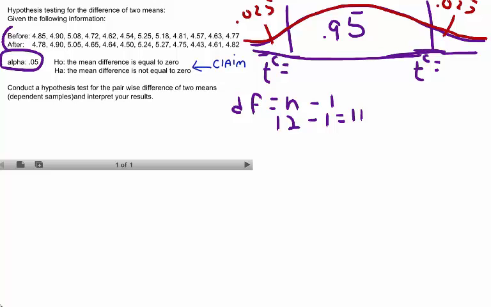To use it, you'll go to Second, Distribution, Option 4, which is inverse t.